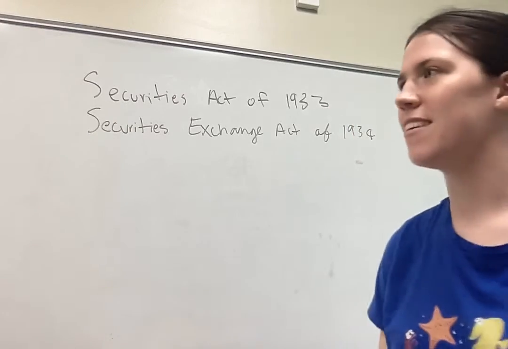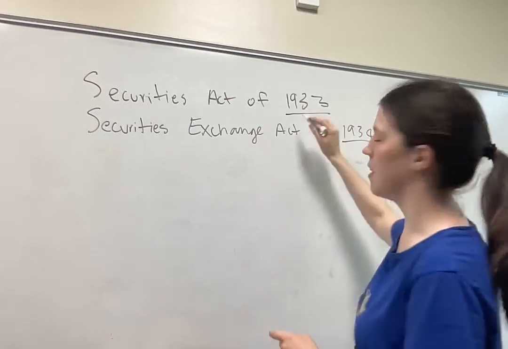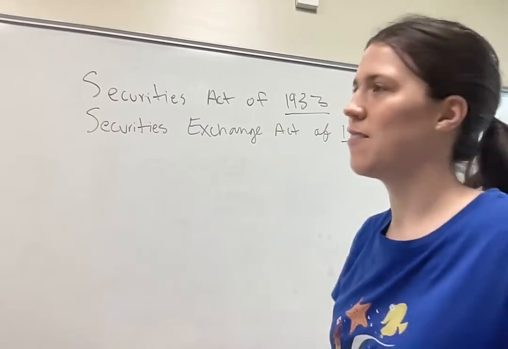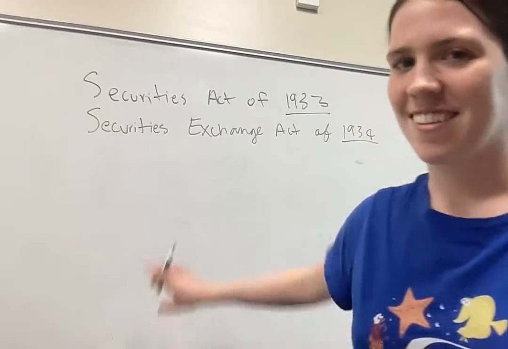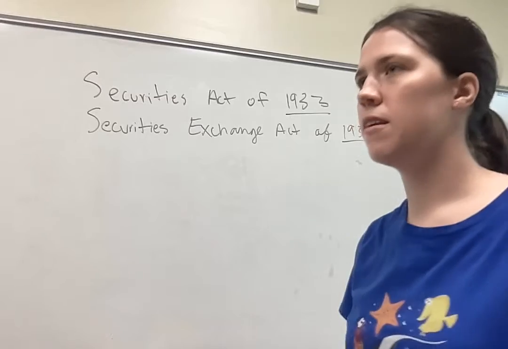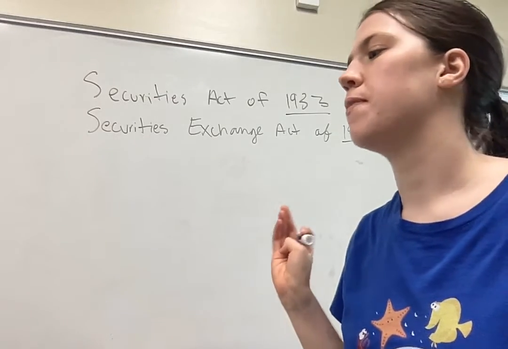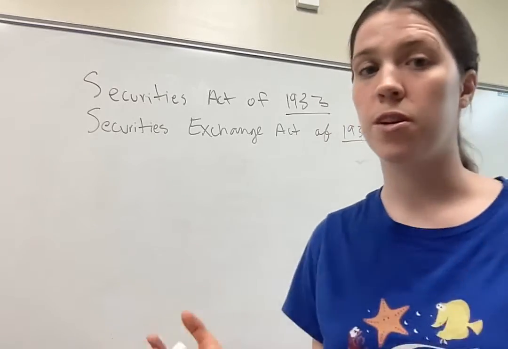So how you can remember this is it's a year after 1933, and if you're studying for the 65, most of you probably have gotten to this because this is kind of the last section. So for tax purposes, if you hold your stock longer than a year, then you get a better tax rate, like long-term rather than short-term gains.